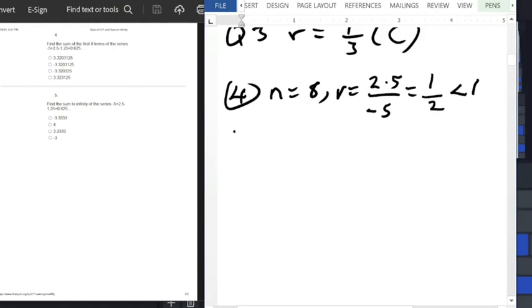The formula for the sum is Sn equals a times 1 minus r raised to power n, all over 1 minus r.